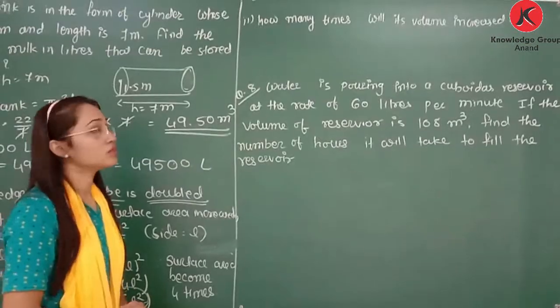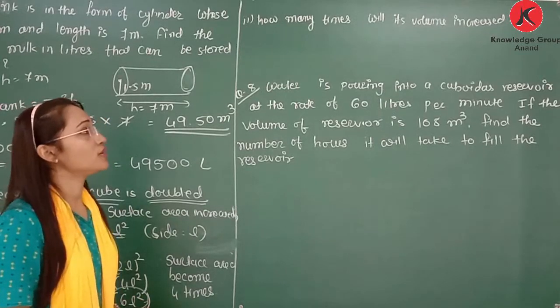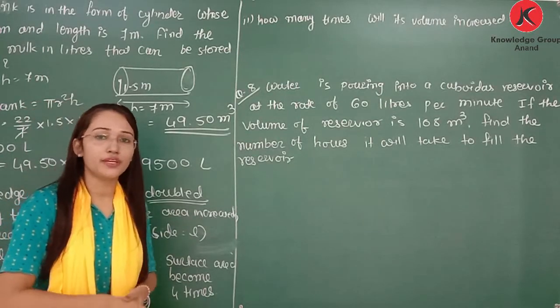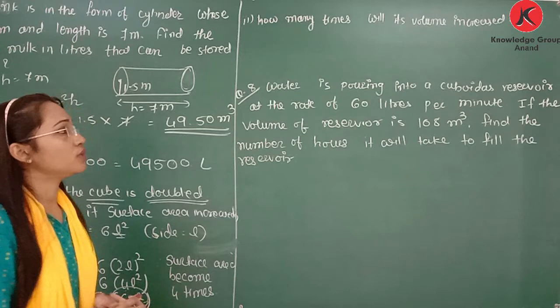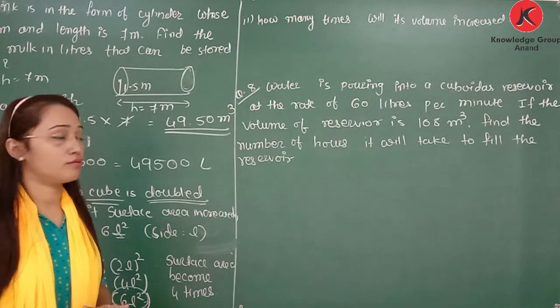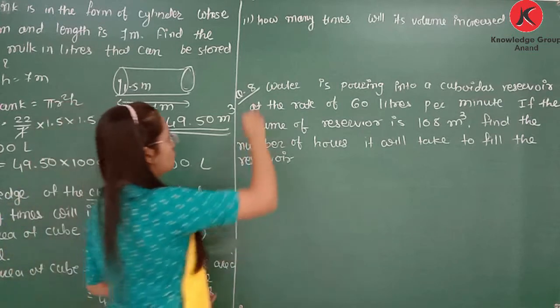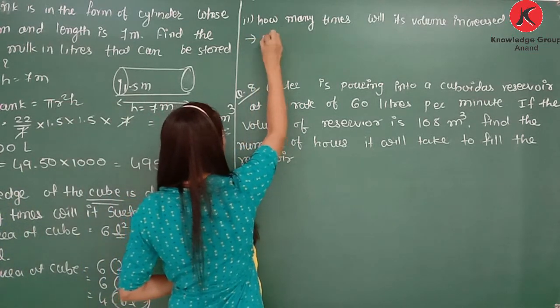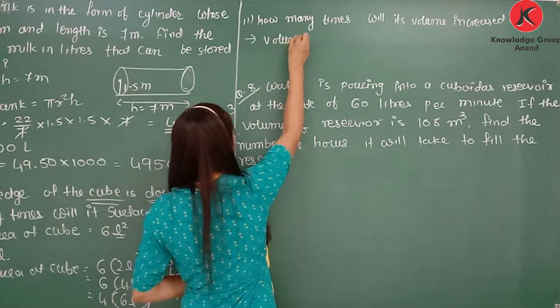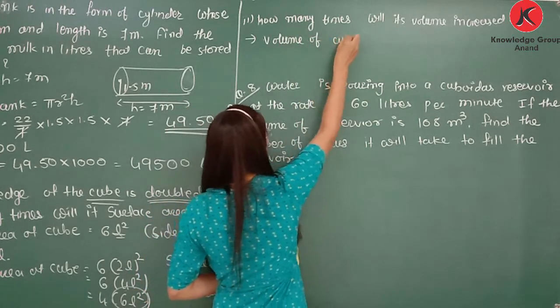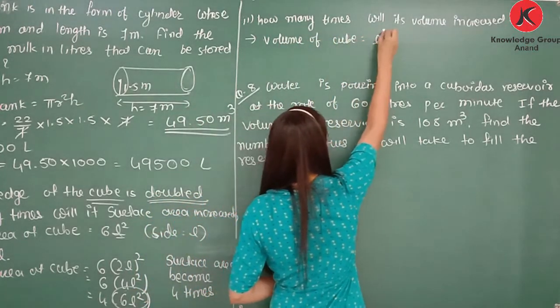Okay. Now next, how many times will its volume increase? If we double, if we multiply the side by 2, then what will be its volume? This example we already saw. Volume of a cube is L cube.